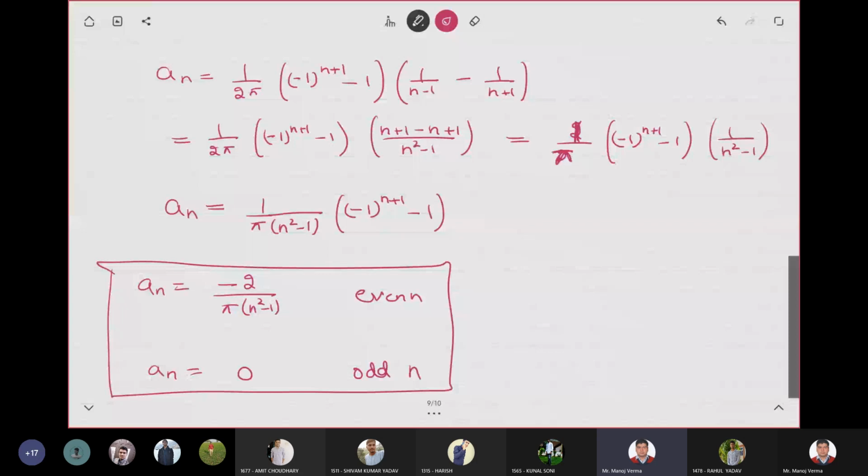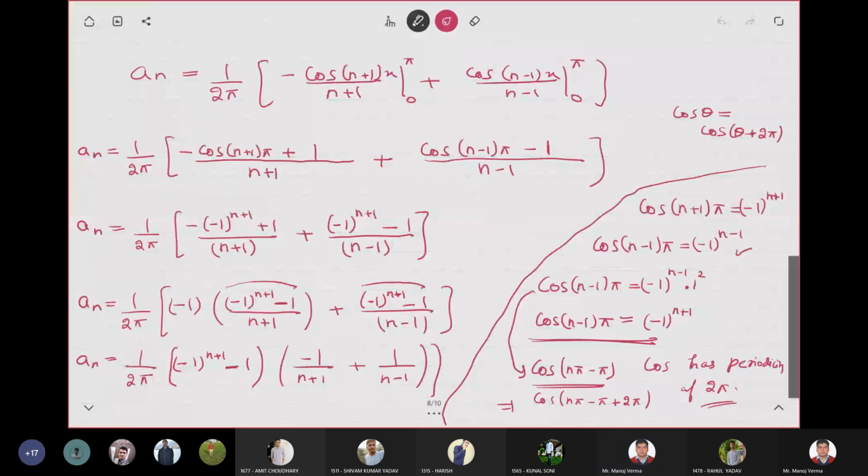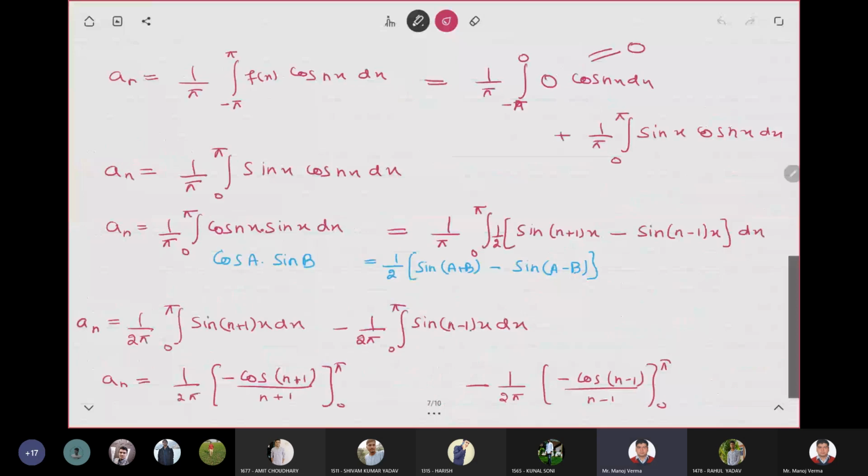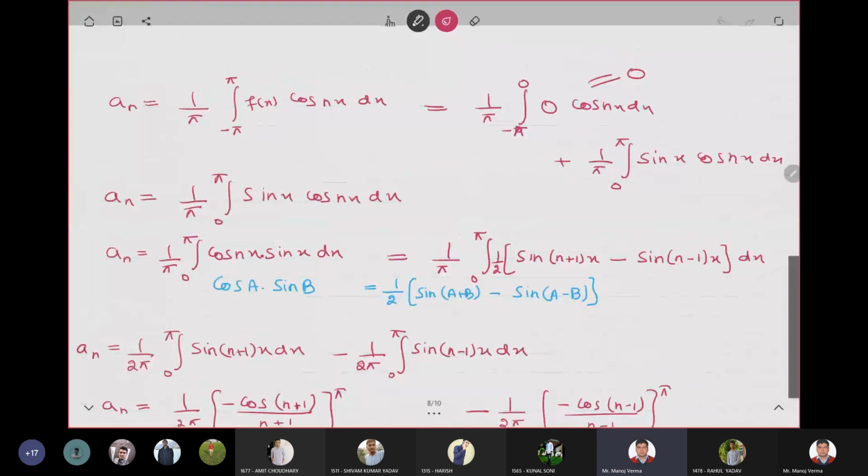This an was 1 over 2 pi. 1 over 2 pi क्यों आया था? Okay, because of this sin a cos a sin b. This was 1 over 2 pi, and then it was sin n plus 1 and sin n minus 1.